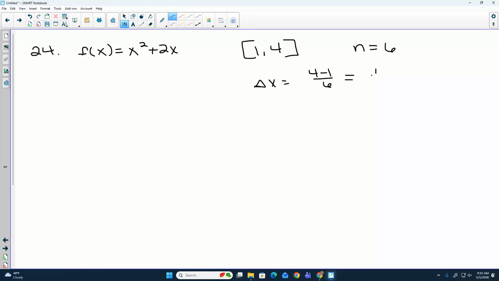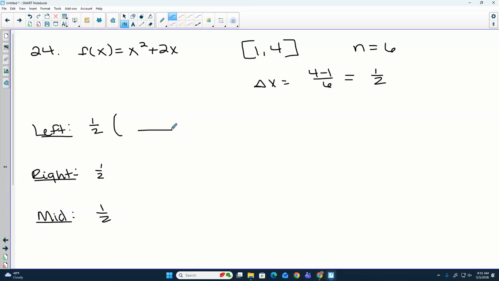So 3 over 6 is 1/2. Okay, so all of these, the width of the rectangles, 1/2. Area is length times width. So all of them have the same width, so you'll be taking all of them times a half. And then we just have to add up the 6 heights.